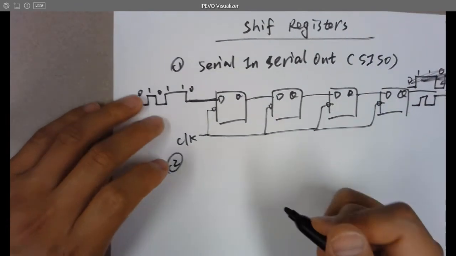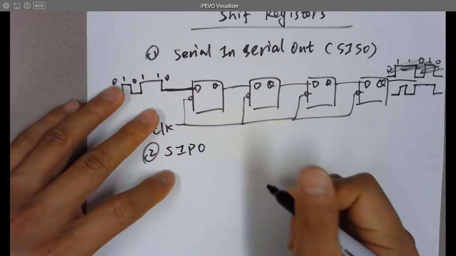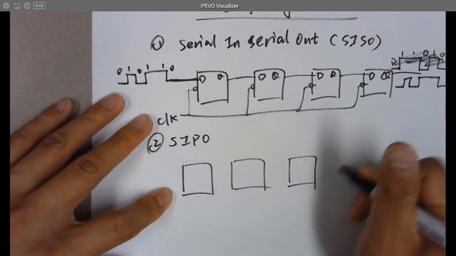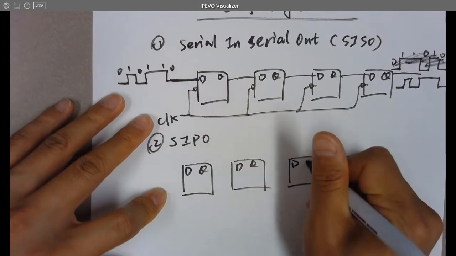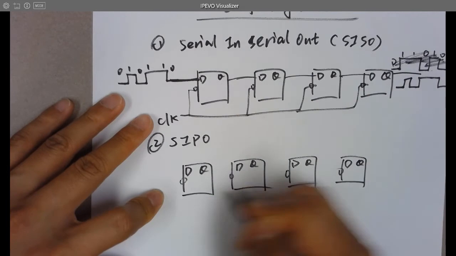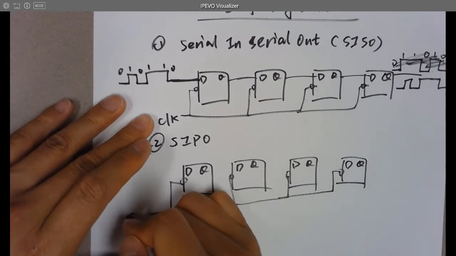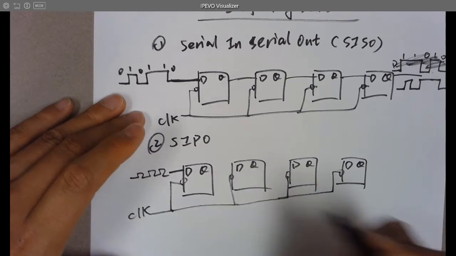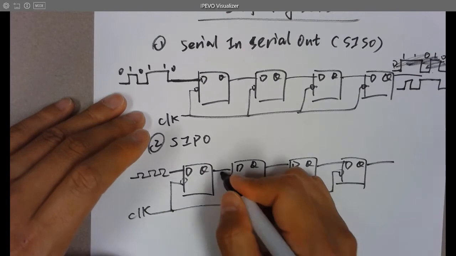And now let's look at another one. It's called serial in, parallel out. How do you do that? DQ, DQ, DQ, and falling edge triggered. Clock. Serial in, right? Serial signal going in, and parallel out.